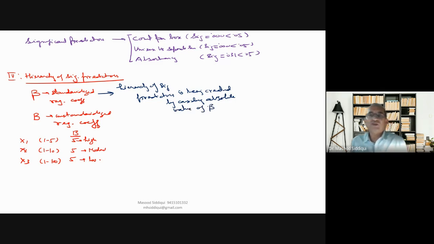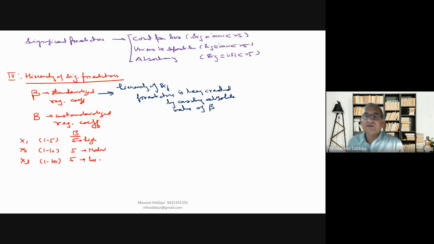Why the absolute value? Why do we ignore the sign? Because plus denotes a direct relationship. If one increases, the other also increases, meaning the change is in the same direction. And the minus sign represents an inverse relationship.